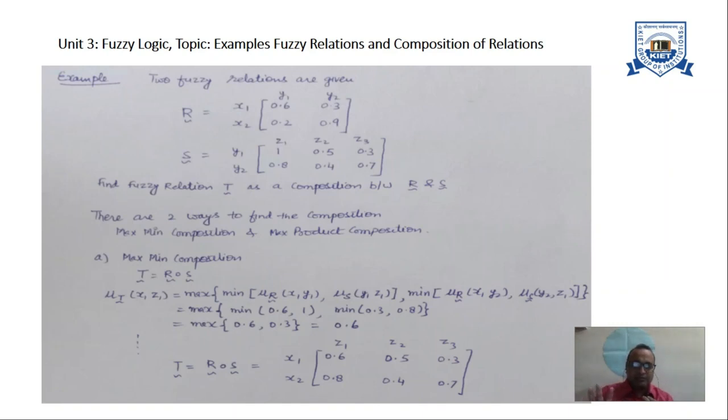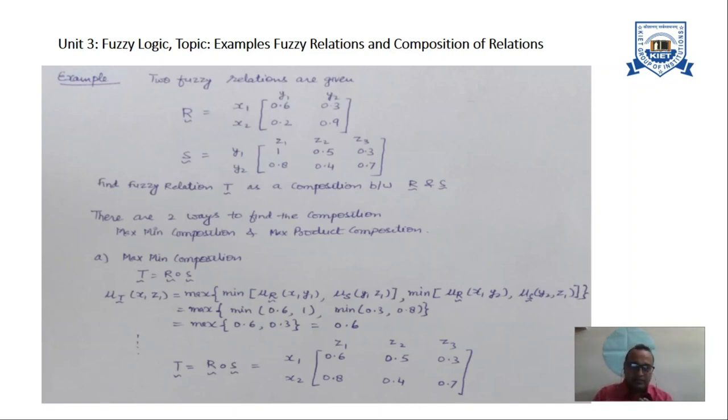But from Aligarh to Lucknow, road condition is not good, it is poor, so I am giving it 0.4. So the overall condition from Ghaziabad to Lucknow via Aligarh will be 0.4. The minimum value will be considered there.